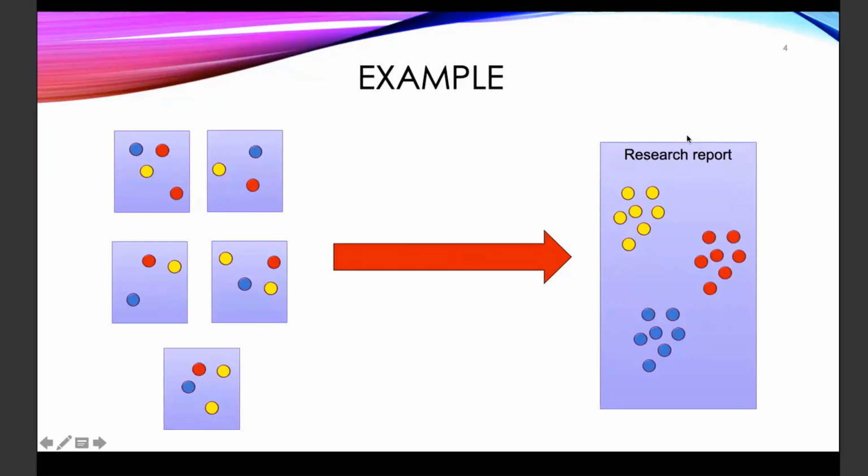The interpreted data will be compiling all the yellow colored points together, all the red colored points together, all the blue colored points together, because this could be answering question number 1, question number 2, and question number 3, and so on and so forth. If you have 8 questions, then it's going to be 8 colors altogether. So the points will be grouped together.